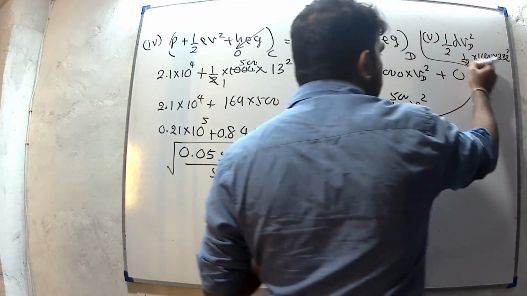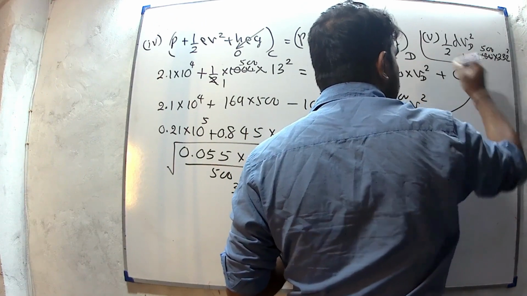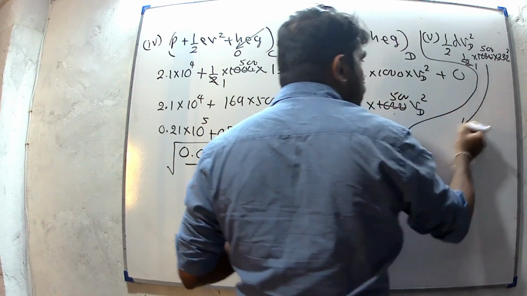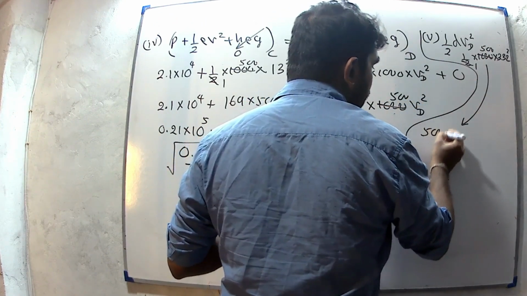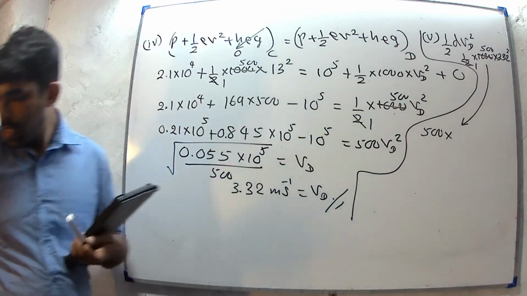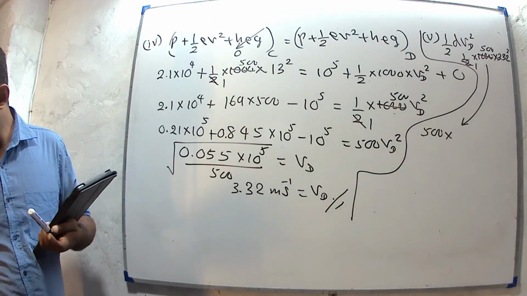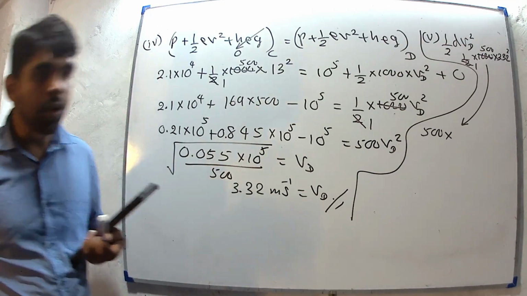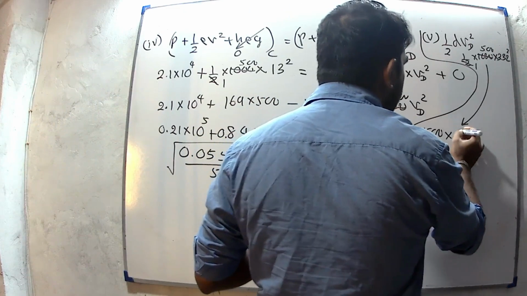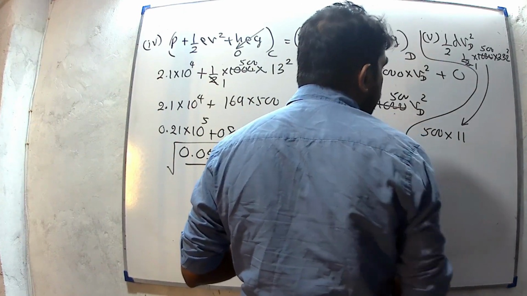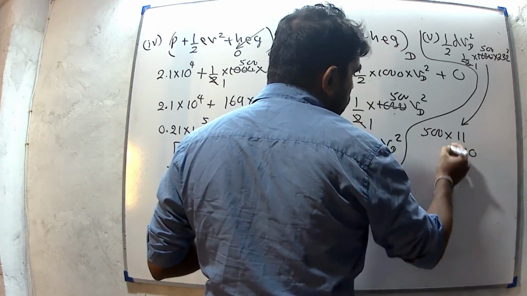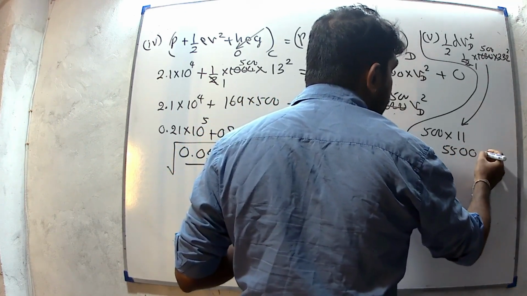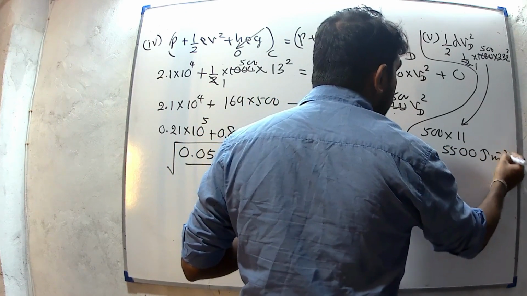Divide by 2, 1. Divide by 2, 500. 500 into 3.32 squared. You know that 3 squared is 9, then 3.32 squared is 11.02. We can take it as 11. 500 into 11 gives 5,500 joules per cubic meter.